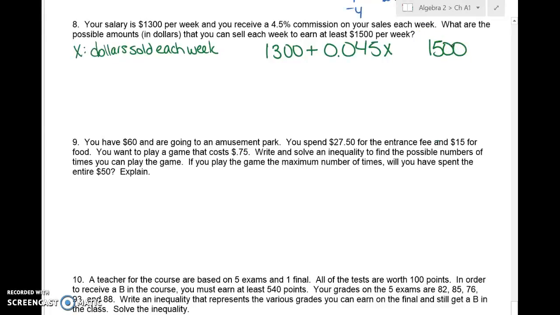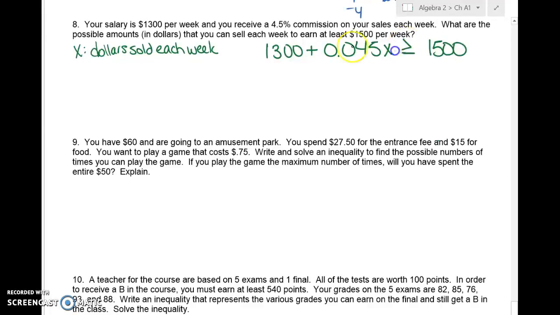All right. Would it be okay for us to earn exactly $1,500? Yeah, we have to earn at least. So I'm going to put the equals line. Would it be okay for us to earn less than $1,500? Would it be okay for us to earn more than $1,500? Yes.